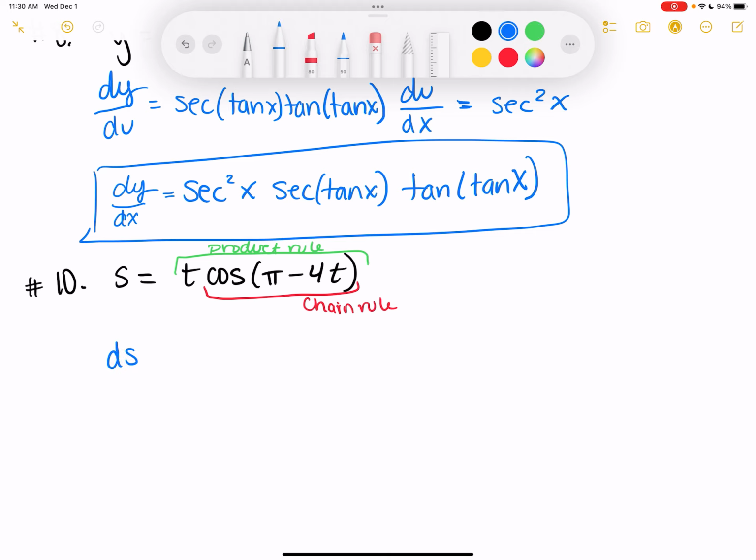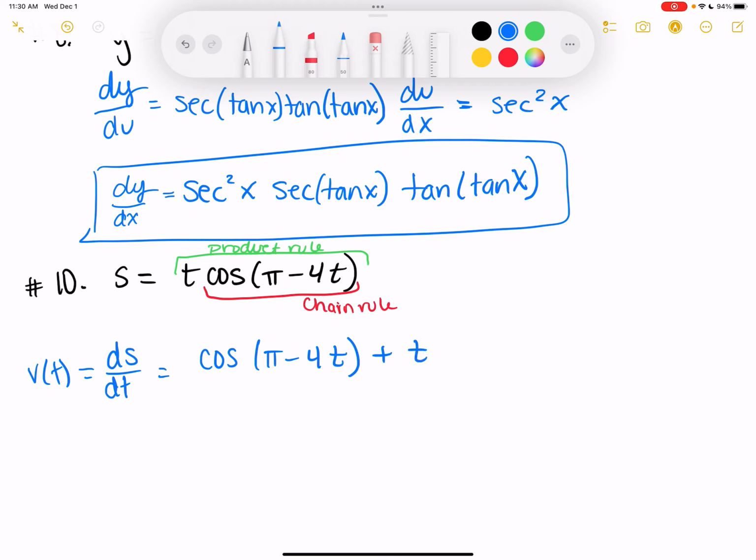So ds dt, which is equal to v of t, is going to be the derivative of the first, which is just going to be 1 because the derivative of t is 1, times the cosine of pi minus 4t, plus the first t times the derivative of the second.